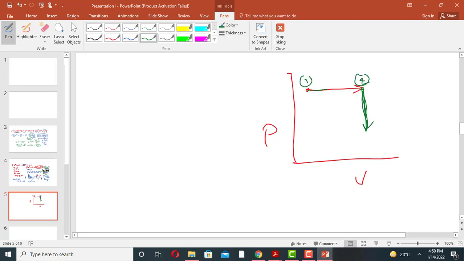From point number 1 to point number 2, the process is isobaric. From point number 2 to point number 3, the process is isochoric. Volume is constant here, and pressure is constant there. From point number 1 to point number 3, the process will be like this.